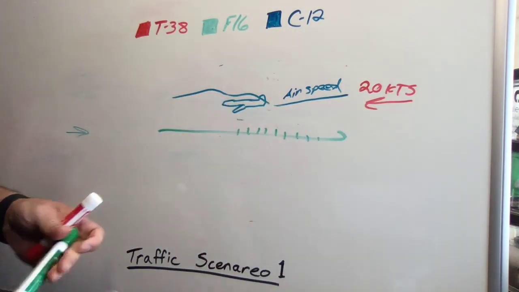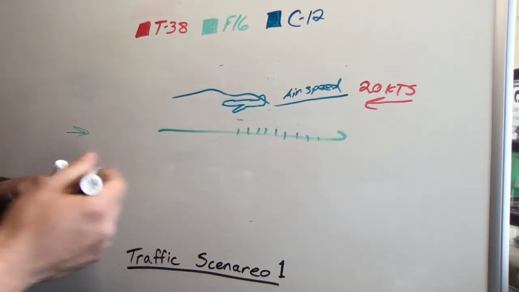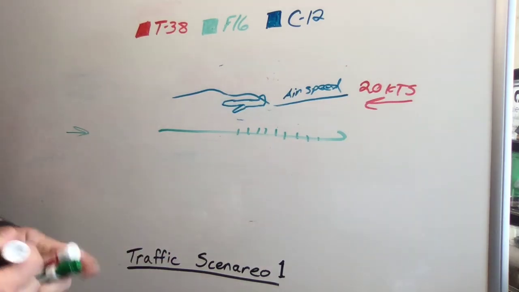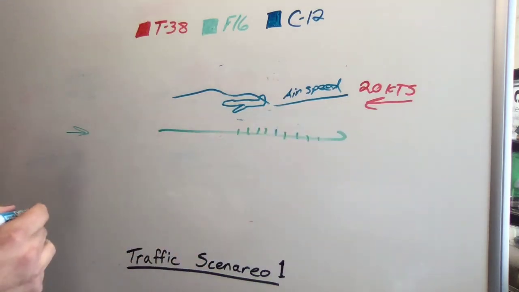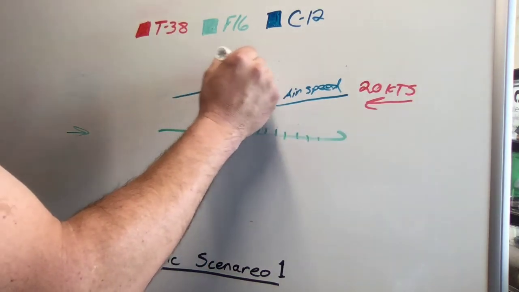Normally, we'll just say that they needed 200 knots airspeed to stay airborne. Now with the 20 knot tailwind, he has to go 220 knots to stay airborne.